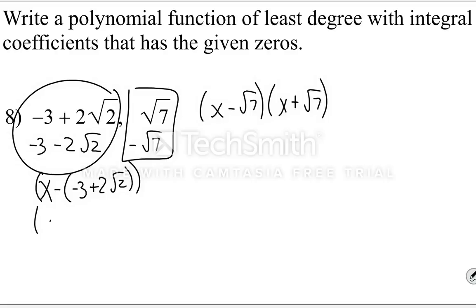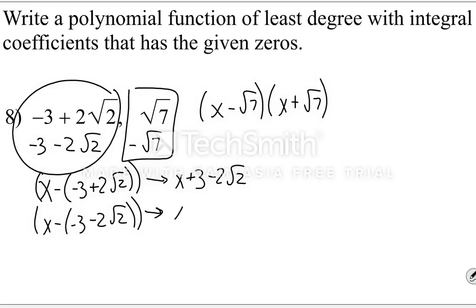And then I also have an x minus, then the negative 3 minus 2 root 2. So this one here, because of the distribution property, actually turns into x plus 3 minus 2 root 2. And then the bottom one turns into also x plus 3, but then a positive 2 root 2.